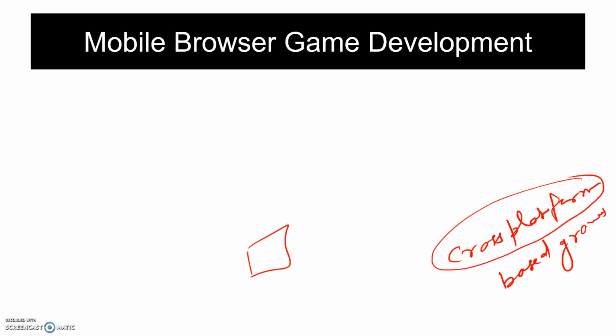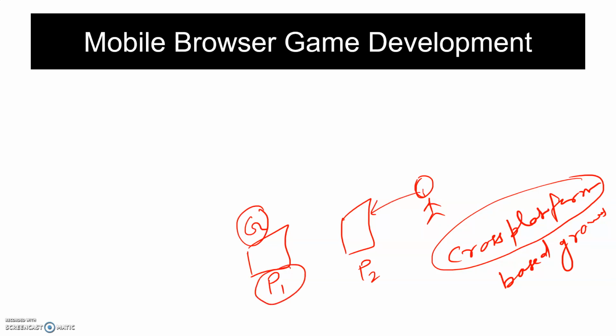You have implemented a game using one platform, that is P1, and you are going to deploy it on another platform P2, and the user will use the game G on this platform. You have created the application on platform number P1. The user wants to install it on their machine or on their device, and they want to play.